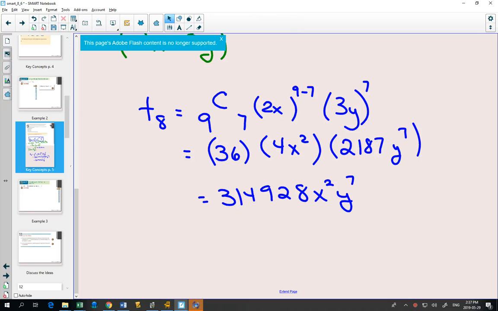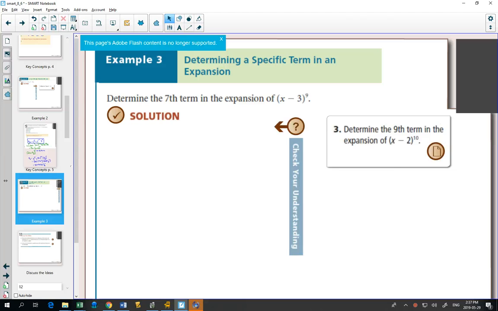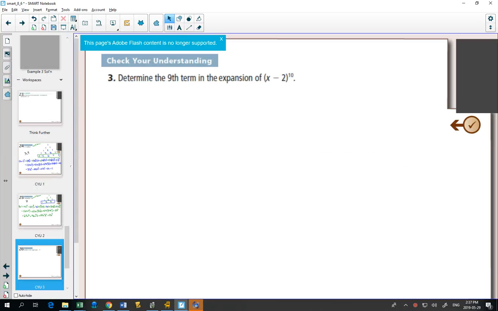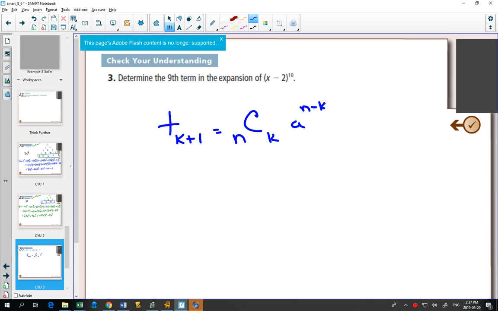So we're going to go to example 1 here. Oh, sorry, example 3. We did 1 and 2. Determine the 9th term. So what I'm going to do first is just imagine I went to my formula sheet and I found my formula. And I want to find the 9th term. So if I'm finding the 9th term, by the way, how many terms would there be in this expansion? 10.